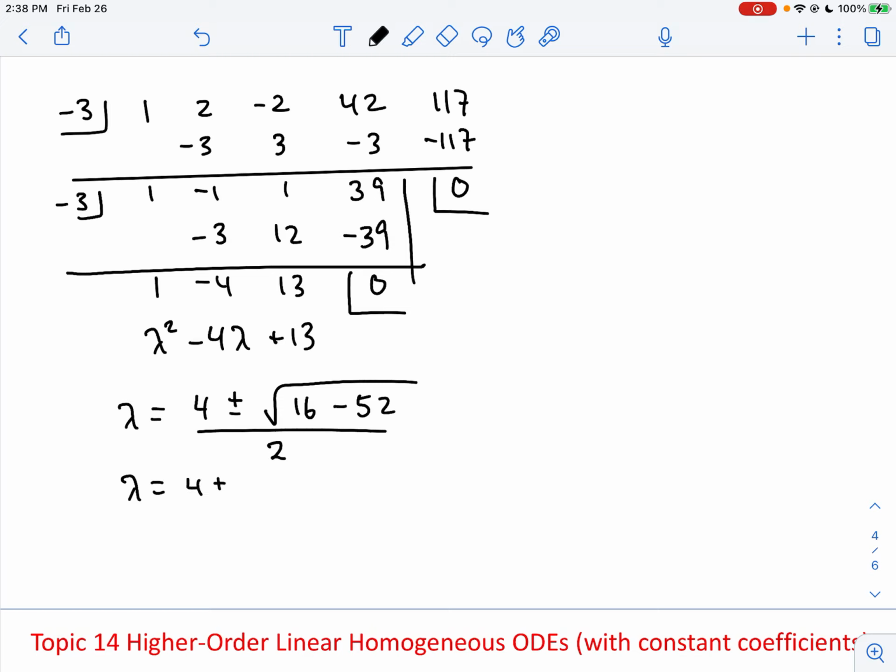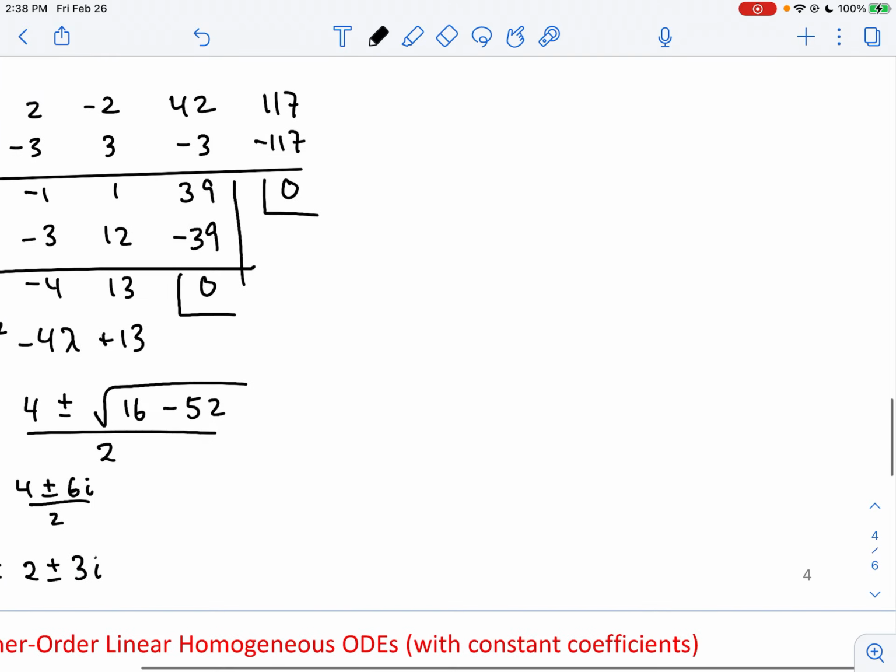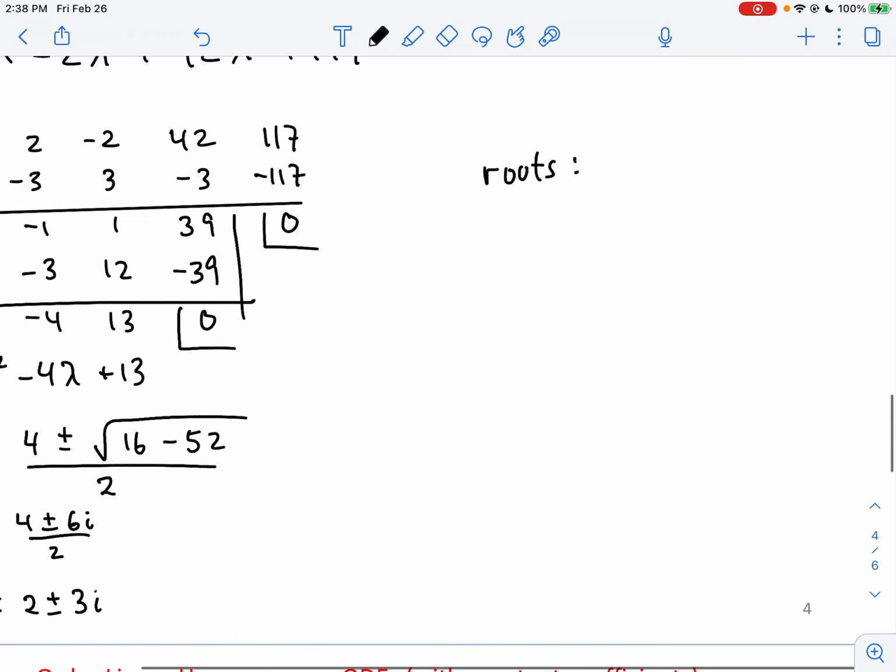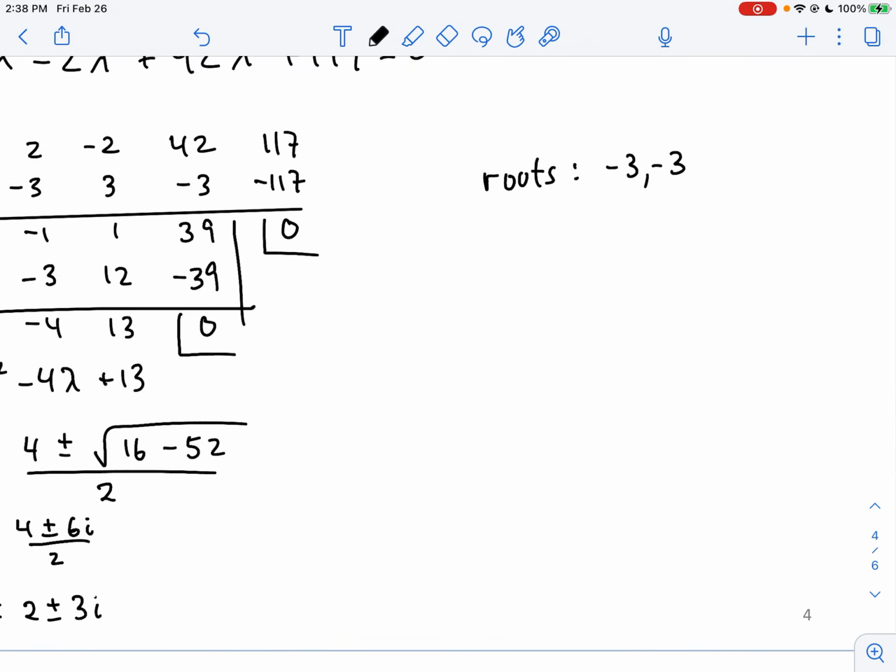So we're going to get 4 plus or minus 6i all over 2. So our final 2 lambdas are, divide each of these by 2, 2 plus or minus 3i. All right, so in the end, our roots are, we got negative 3 twice, and then we had 2 plus 3i and 2 minus 3i. If you want, you could lump the last 2 together and just say plus minus.